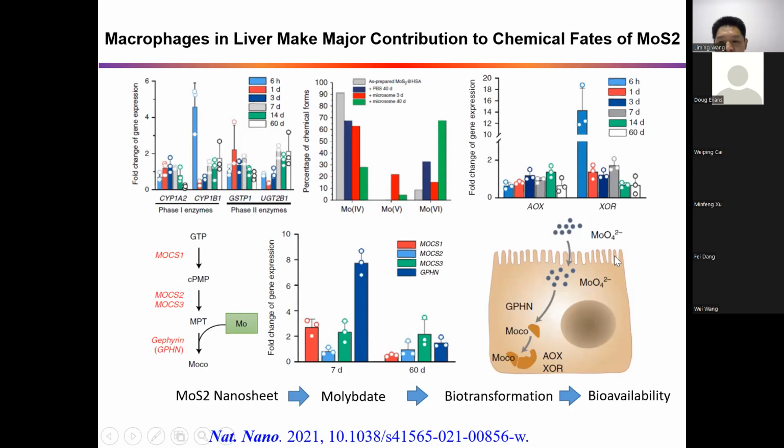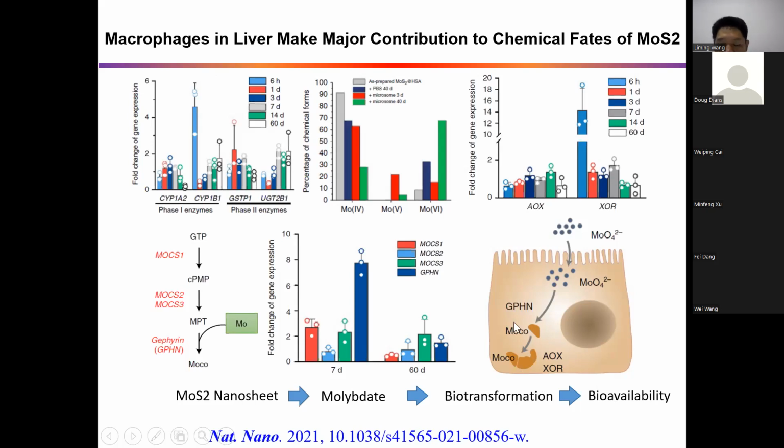nanosheets are injected in the blood, they go to the liver, then they are metabolized and degraded into MoO4, this kind of high valence form. Then this form may transform into Mo cofactors and the Mo enzymes.